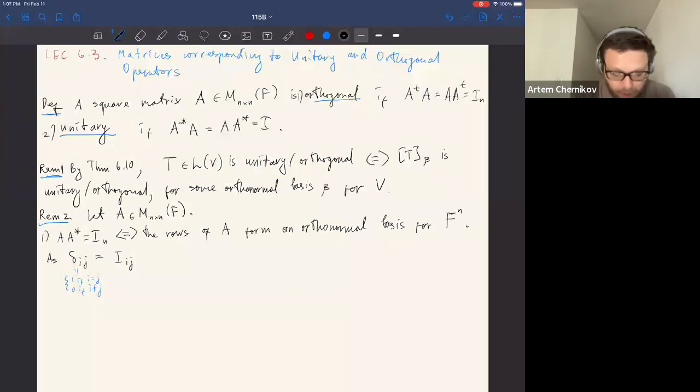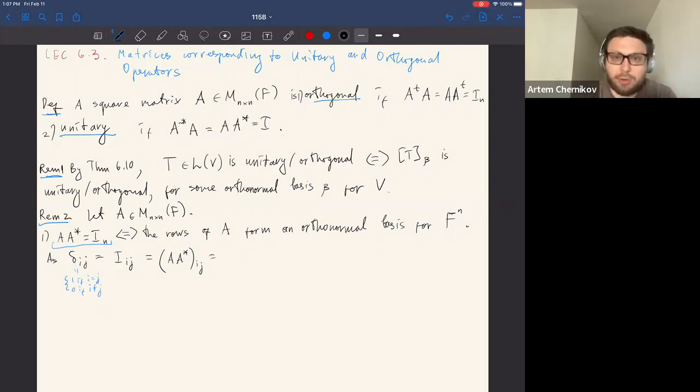This tells us that we have 1 on the diagonal, on the entries of the form ii, and zeros on all the other entries. So this is just the corresponding entry of the identity matrix. Okay, by assumption, this is the same as the entry of the product. So the matrix given by the product A times A star, the corresponding entry ij, since we're assuming this equality, right? So we have the entries given by this.